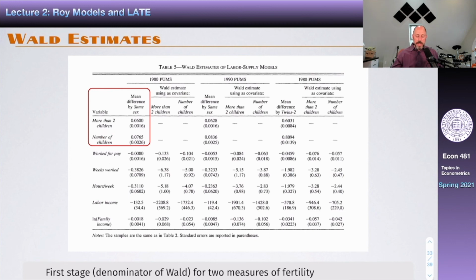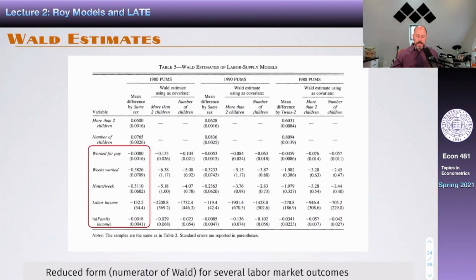So, here, this is the mean difference by same sex, okay? And this is exactly as I wrote here, the denominator in the Wald statistic that we defined. Then, if you just look at this piece of the table, you have the difference by the instrument of all these different measures of outcomes. And this is the numerator in the Wald estimate that we wrote before: the expected value of y conditional on z equals 1 minus the expected value of y conditional on z equals 0.